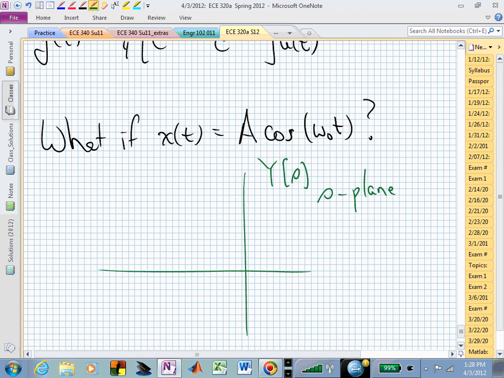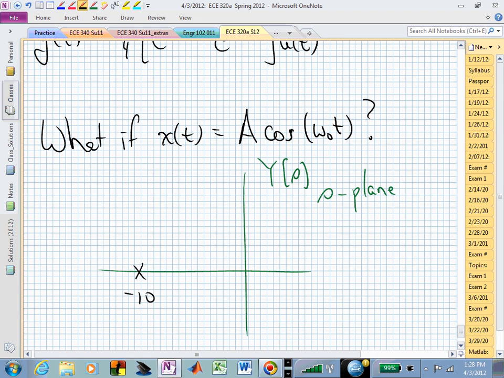What's this picture going to look like? Our system hasn't changed, has it? We're still using this low-pass filter with a time constant of 1/10 of a second. So we now have this transfer function of our low-pass filter being 10 over s plus 10. That hasn't changed. So that gives us this pole.